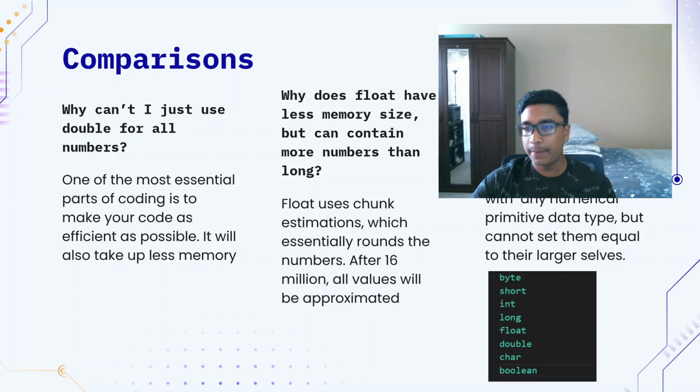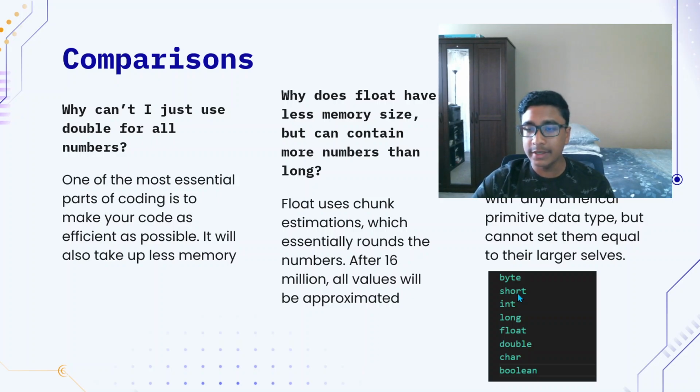Which values can I compare? By compare, I mean if you could set one value equal to another. You could do operations with any numerical primitive data types, but they cannot be set equal to their larger selves. For example, if we have a variable using byte, we cannot set it equal to a short, since the memory size for short is larger than the byte, and byte cannot handle the memory size for short.